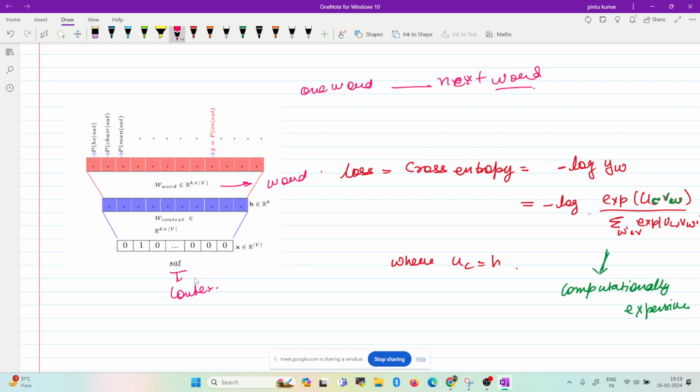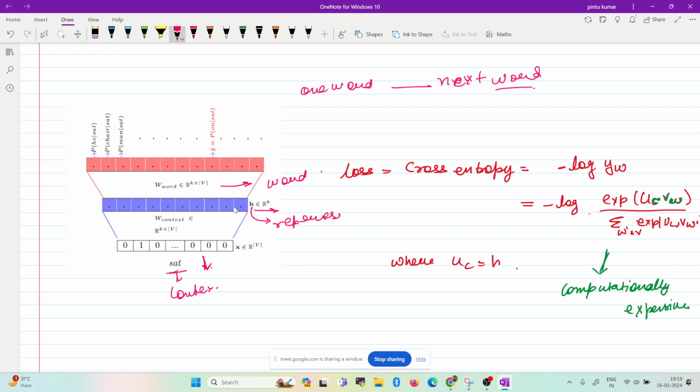So how does this work from a neural network perspective? You will have a one hot encoded entry that you will map to a k dimensional vector. This k dimensional vector h would be your representation for your word, sat for example, over here.